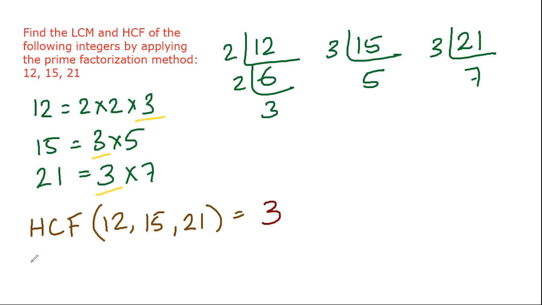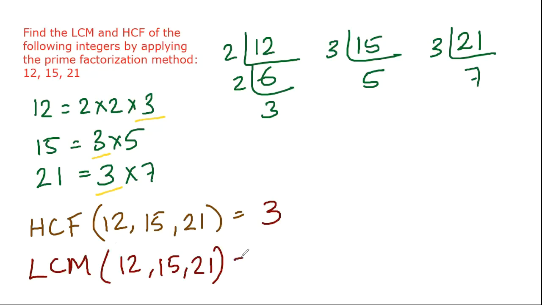And for finding the LCM of 12, 15 and 21, I am taking the maximum power of each of these factors. First of all, I am checking the maximum power of 2. It is 2 times 2 or 2 raised to 2, that means I have to choose 2 square.